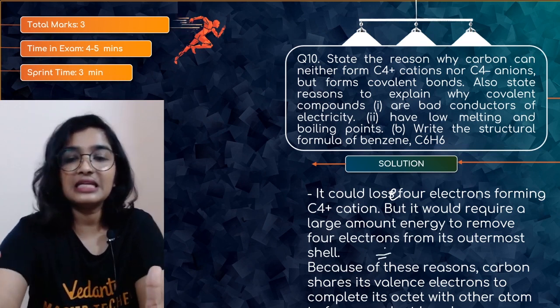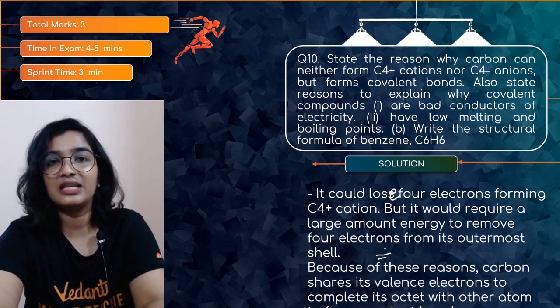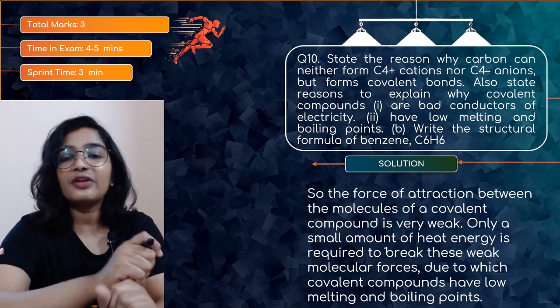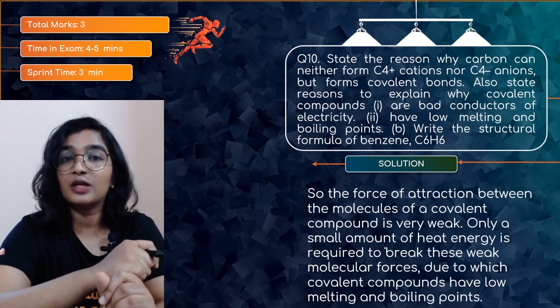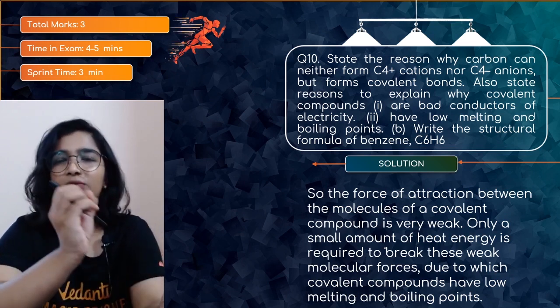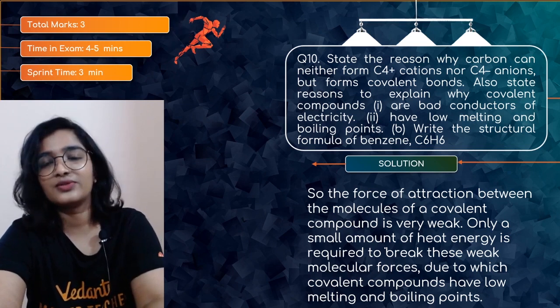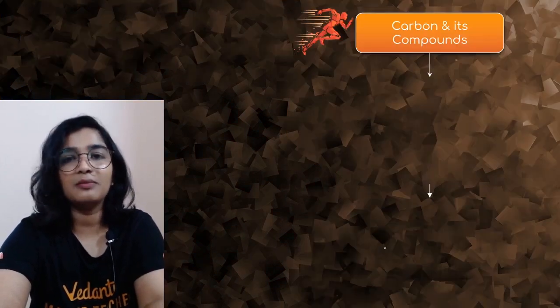Because of these reasons, carbon shares its valence electrons and forms covalent compounds. The force of attraction between the molecules of a covalent compound is very weak, so a small amount of heat energy is required to break these weak bonds. That is the reason they have low melting and boiling point.